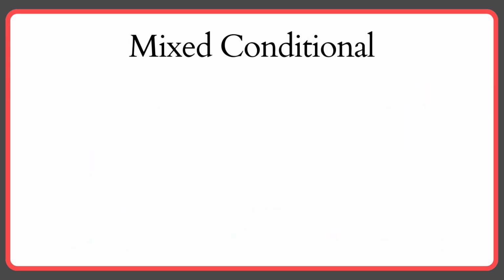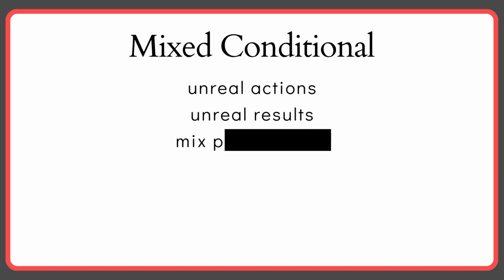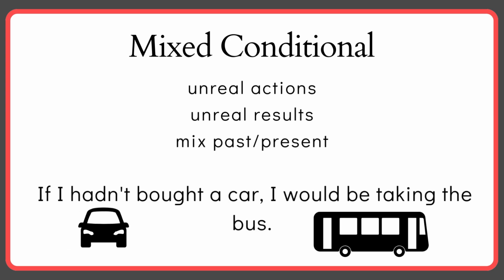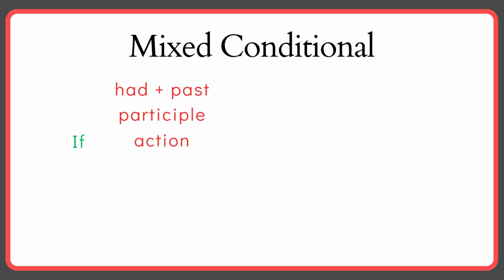The mixed conditional talks about unreal actions and their unreal result and uses a mix of the present and past to do so. If I hadn't bought a car, I would be taking the bus. To form the mixed conditional, we can combine the second and third conditionals. For example, the third conditional could form the past unreal action, and the second conditional could form the present unreal result.